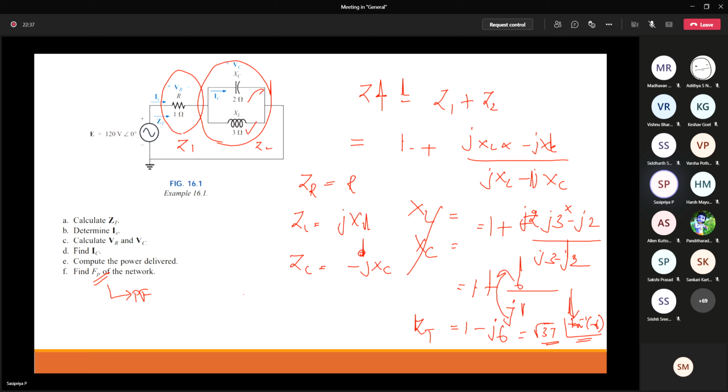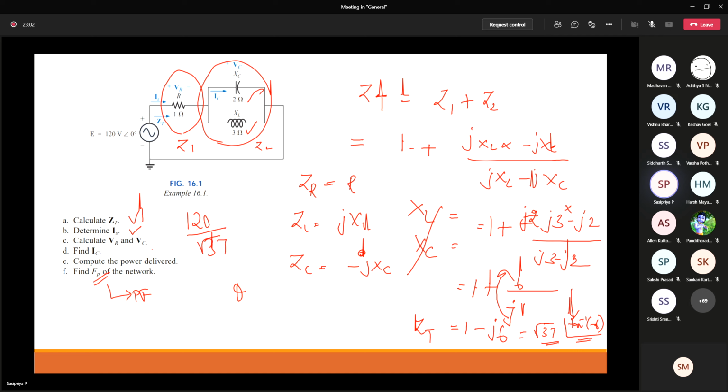This phase difference is nothing but theta, the phase angle difference between the voltage and current. Now I calculate the total impedance, and then IS can be found from the magnitude. I know the voltage, it is 120 divided by the impedance, square root of 37.